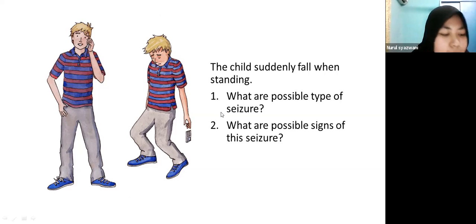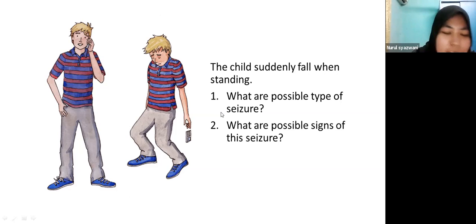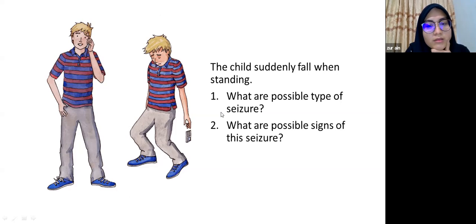Okay, yes. Possible sign of atonic seizure, falling straight to the ground due to sudden loss of muscle tone. Other possible signs of the seizure can be drooping of the eyelids, like that.